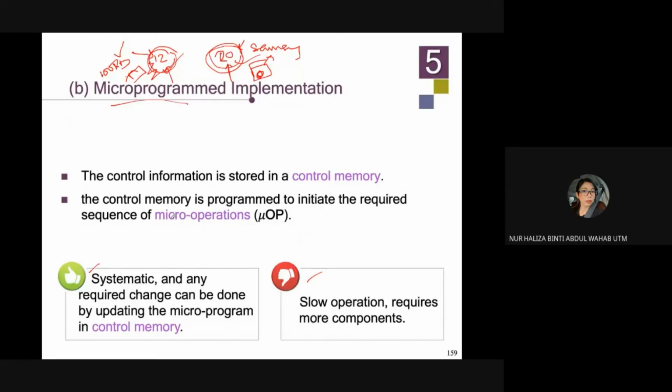The control information is stored in control memory. So under microprogram, you're going to store your control information in control memory. The control memory is programmed to initiate the required sequence of micro operation.